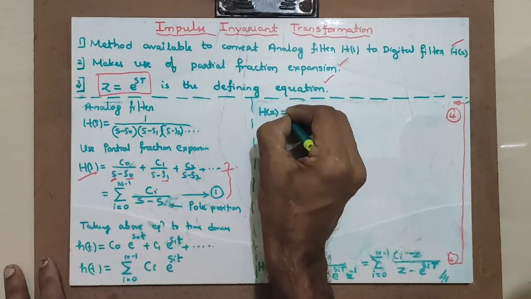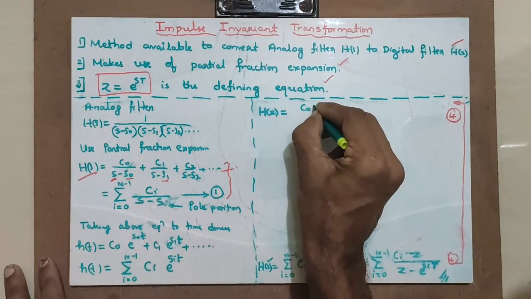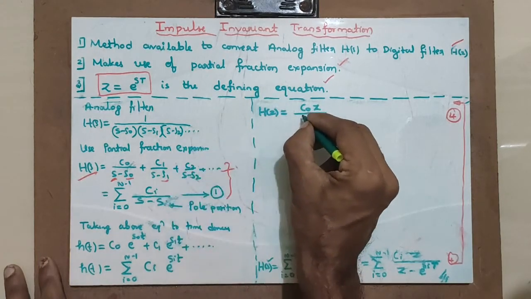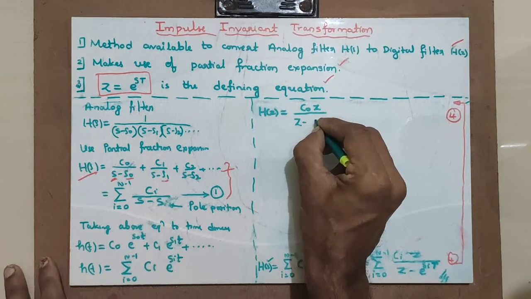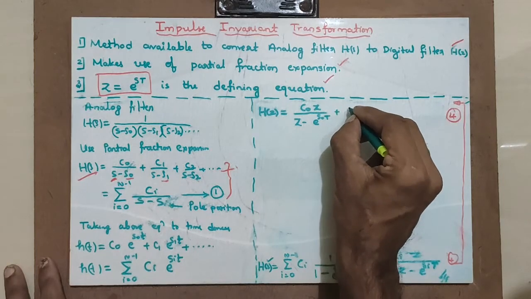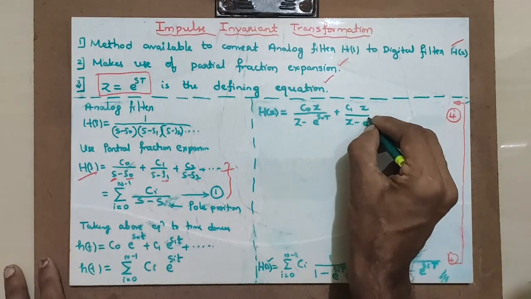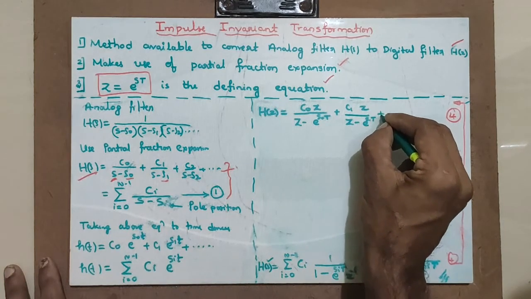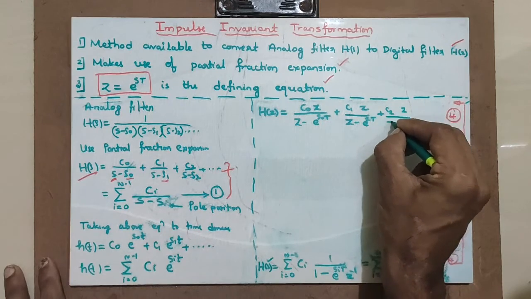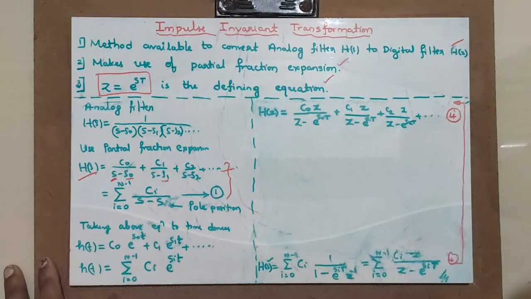H of z is equal to, from this equation, c0 z divided by z minus e raised to s0 t, plus c1 z divided by z minus e raised to s1 t, plus c2 z divided by z minus e raised to s2 t, plus so on it continues.